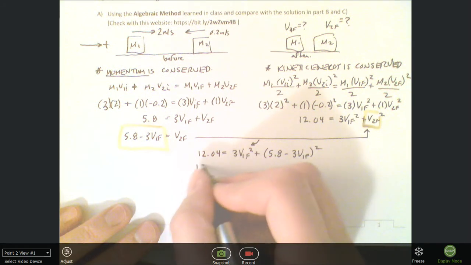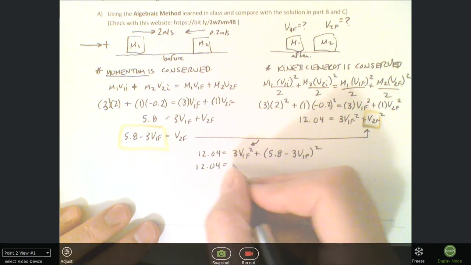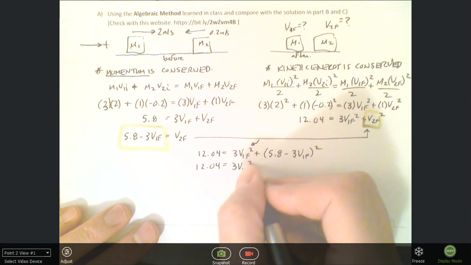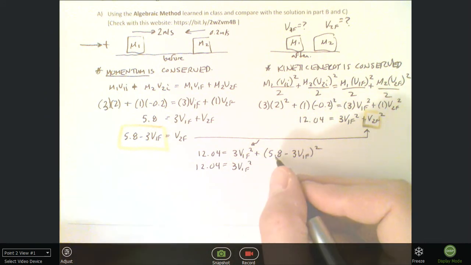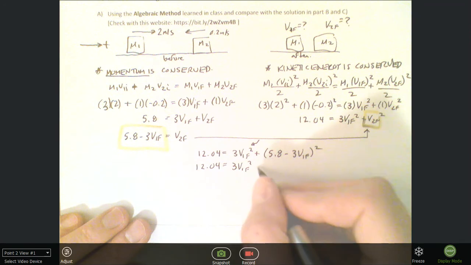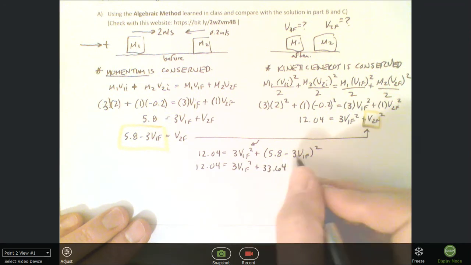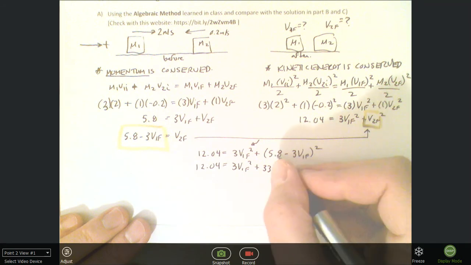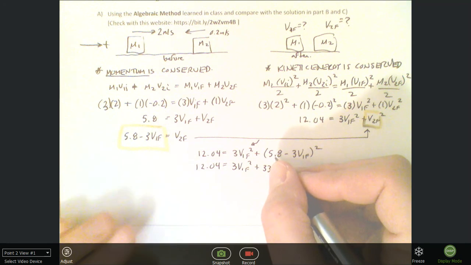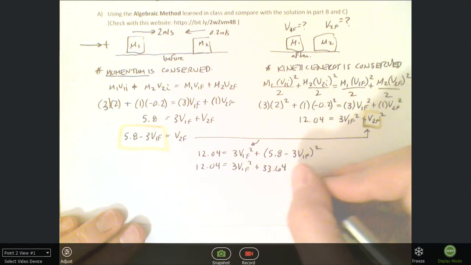Now the first term, we just square it. So 5.8 squared is... then for the middle term, we take this and this and multiply them, and then multiply it by 2. So it's 3 times 5.8, and then we multiply that by 2, and we get negative 34.8.